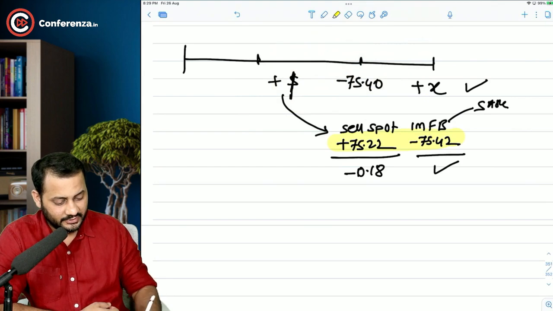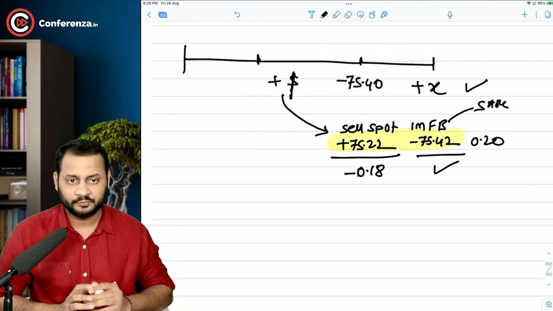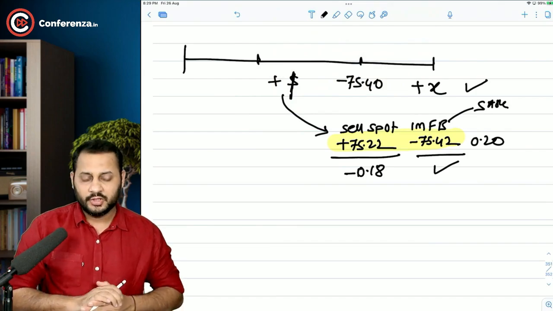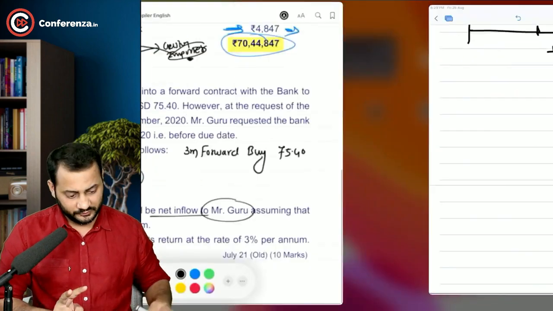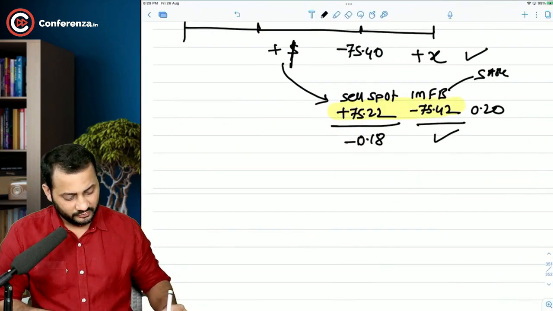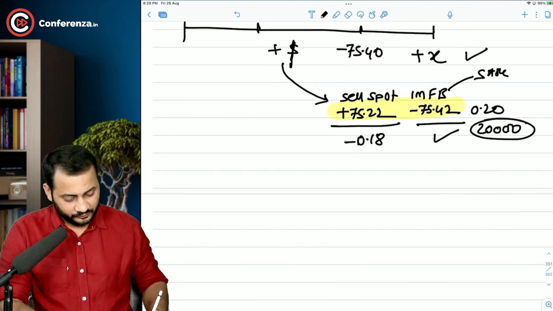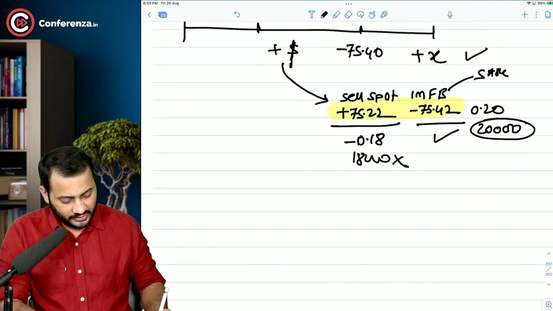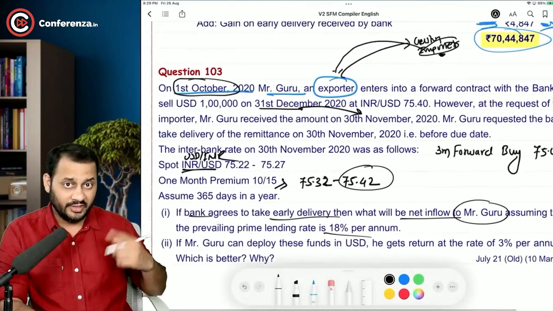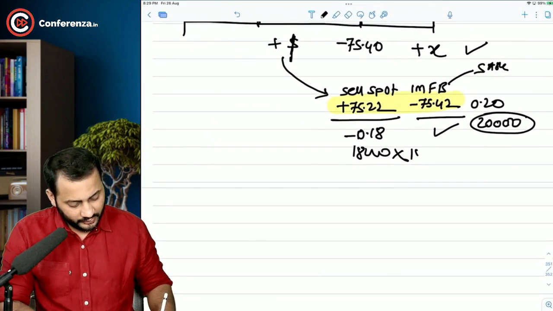So you can clearly see that there is a swap loss of 20 paisa between these two. So there are two things that will be recovered. And what is the amount? $1 lakh. So it will be very easy. $1 lakh into 0.20 becomes 20,000 rupees of swap loss, and interest on 18,000 will be at 18% into 31 by 365.